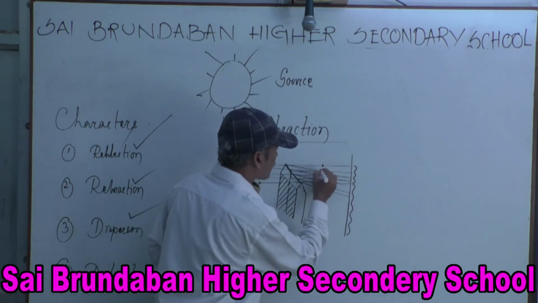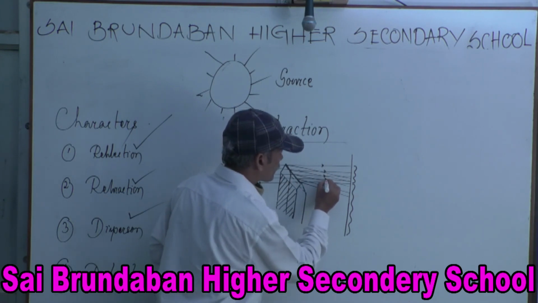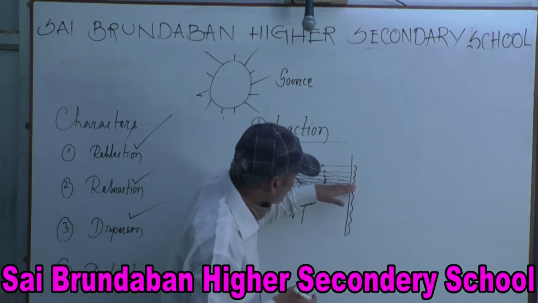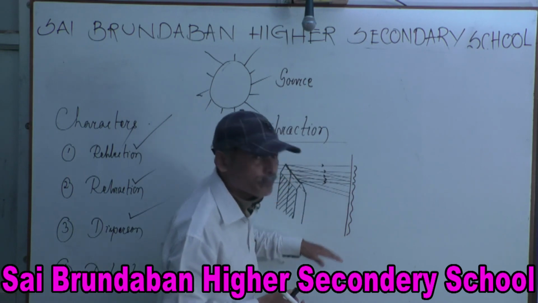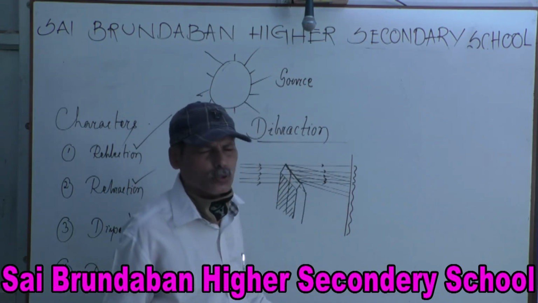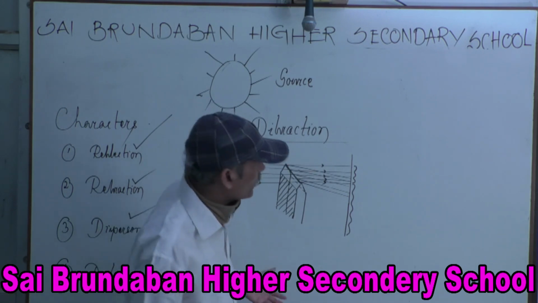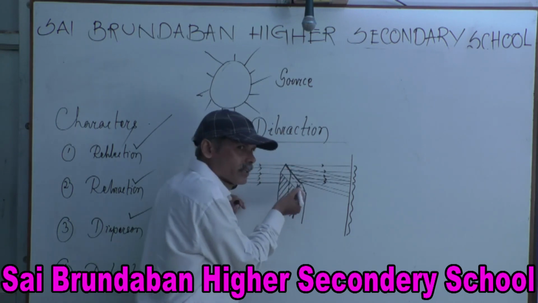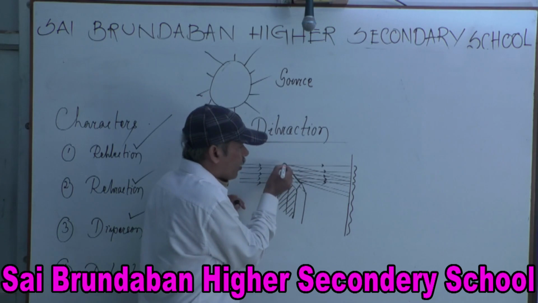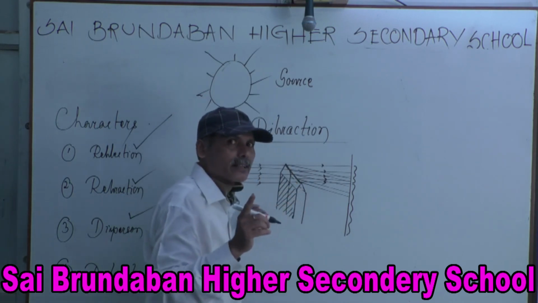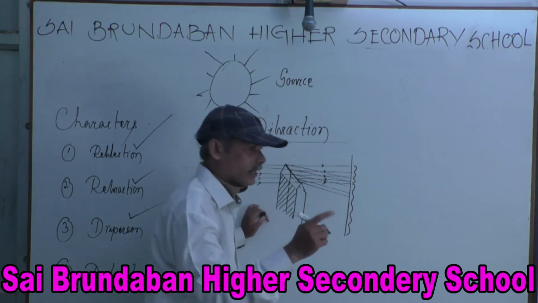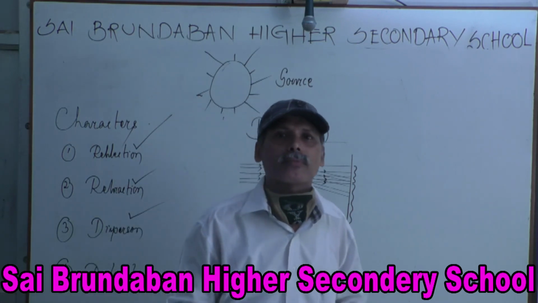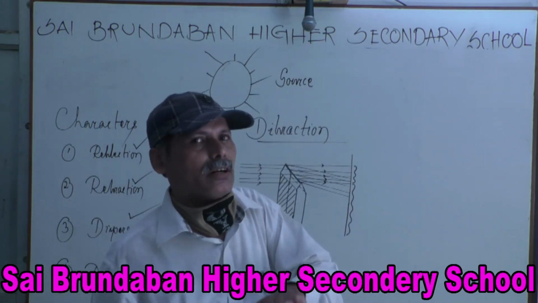So no doubt you can find bright light here, and just below this person there must be shadow. But no, during the strike of light on a sharp surface, the rays tend to bend into the shadow region. This bending of light on a sharp surface is called diffraction.